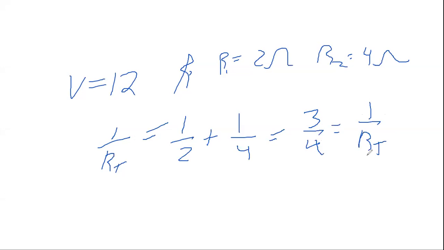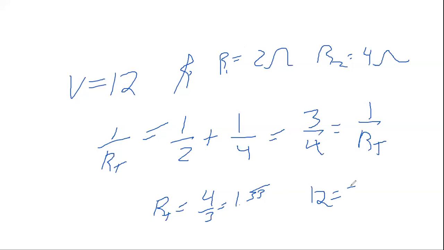But I cannot use 1 over RT in my problem. I have to use RT. So if I flip it over, I get the total resistance equals not 3 over 4, but 4 over 3, which is 1.33 forever. Once I know R total, I can go back and, using my voltage, find the current across the battery.